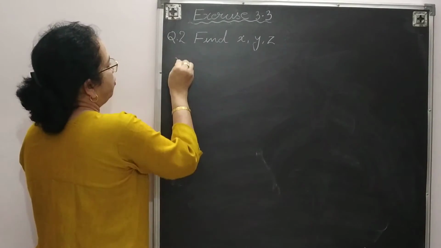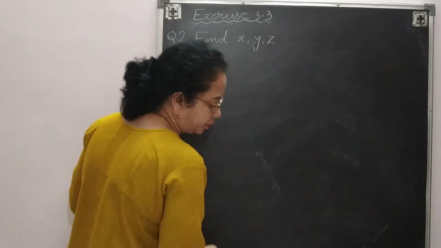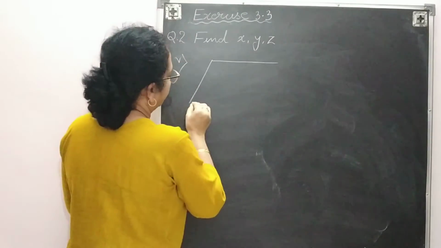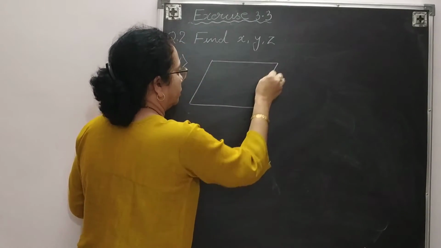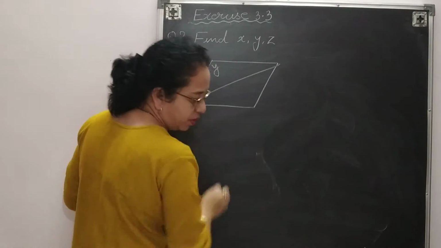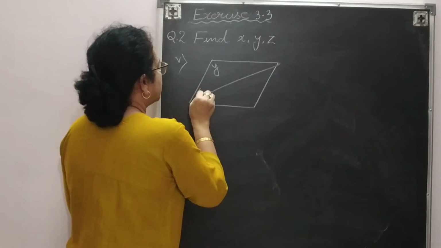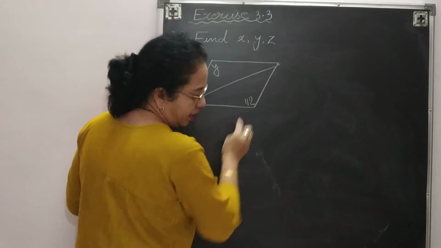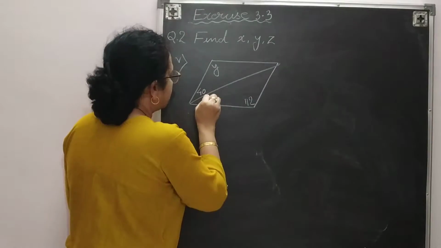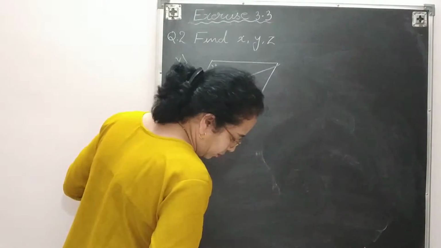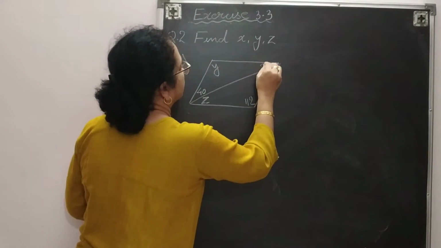Now the last, fifth figure is here. This one is given y. The small angle is 40. This is your 112. This is your z, and here it's x.